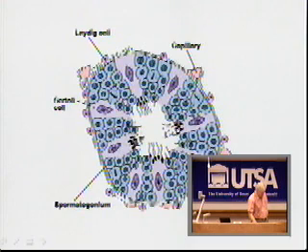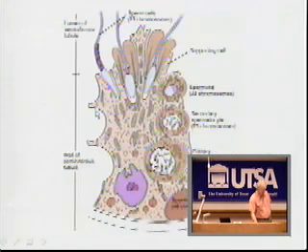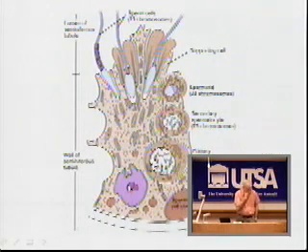LH coming through, binding to the receptor, sustaining the synthesis of testosterone that diffuses freely everywhere. You got blood flow, you selectively wash it away. And then the diffusion in to the receptors within the sustentacular cell.